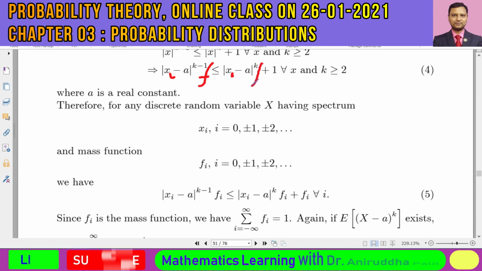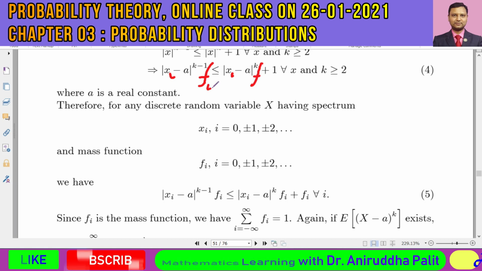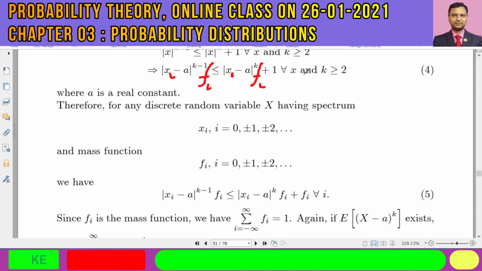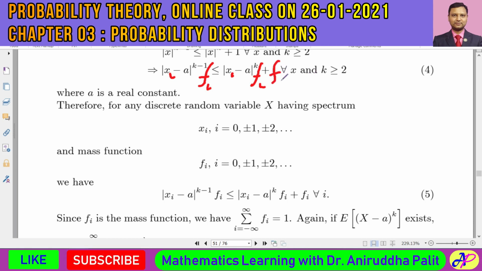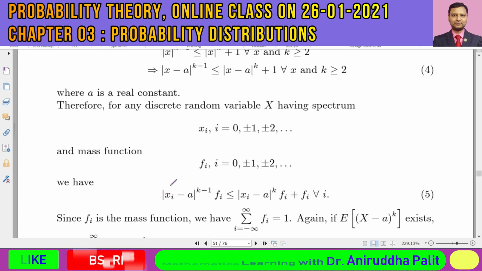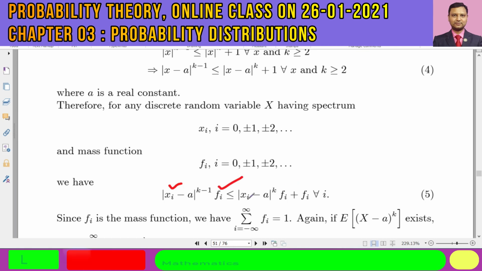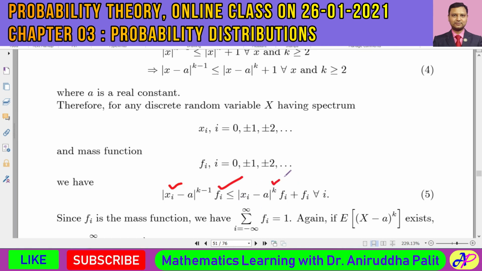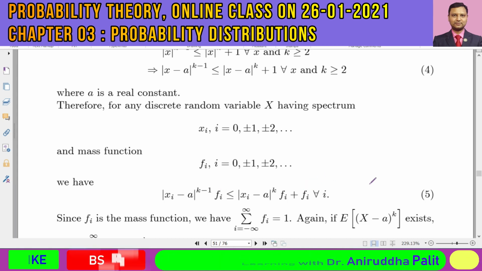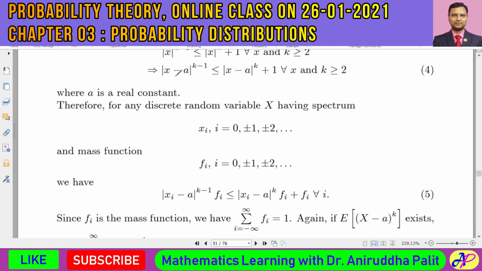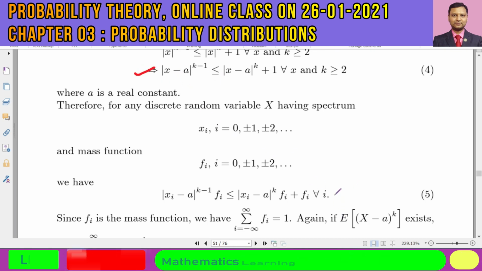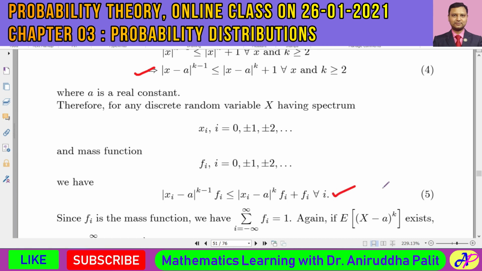Then we get |x_i - a|^(k-1) multiplied by f_i is less than or equal to |x_i - a|^k multiplied by f_i plus this mass function f_i. So after putting x equal to x_i in the relation number 4, we are just multiplying by f_i. So we get this type of relation number 5.